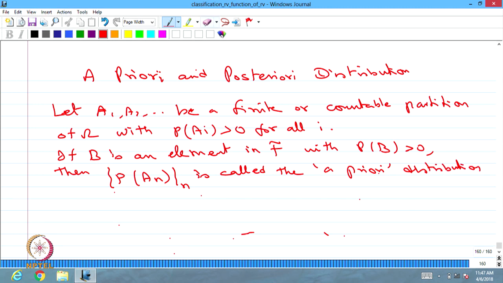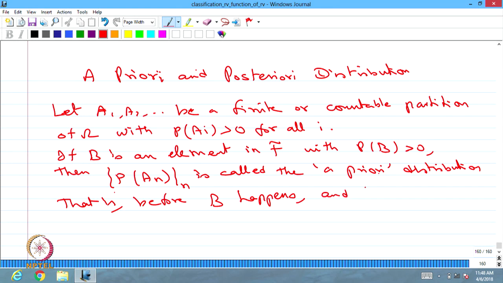Because this information is known to you earlier, it is called the prior distribution, knowing the probability of the partition events for all n, that is, before B happens.